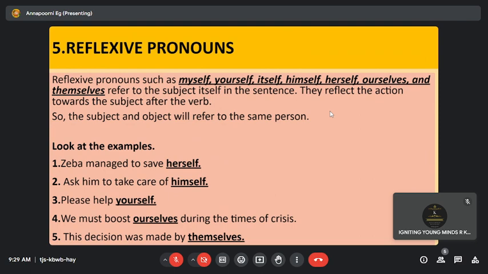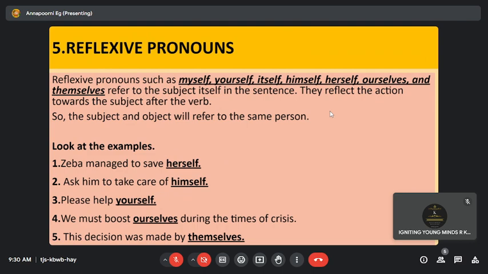We couldn't go out. Everything was delivered at home, like online shopping. It was totally a locked situation. So crisis means any type of difficulty in life. So we must boost ourselves. We must gain courage during the time of crisis. क्राइसिस के समय हमको ही बूस्ट करना चाहिए. We must not lose the confidence. So here we and ourselves are the same people.